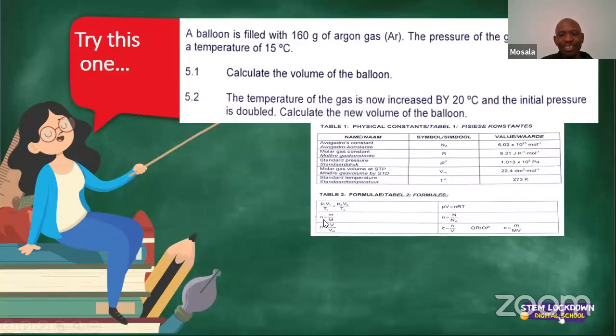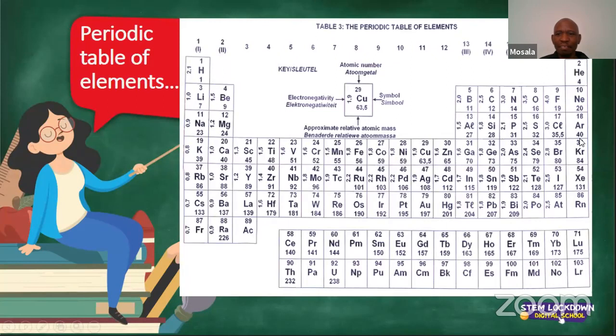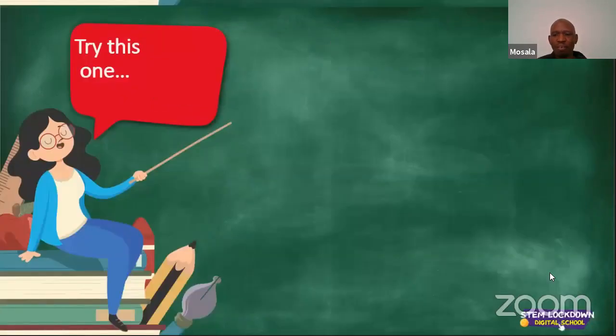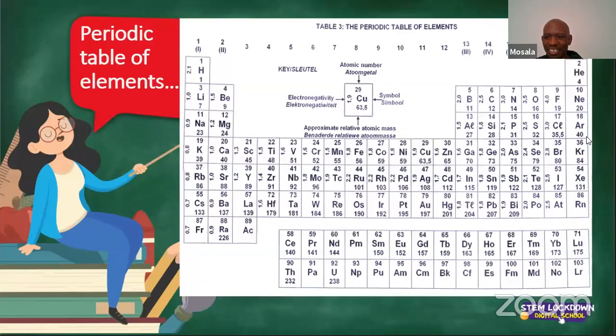So n, which is the number of moles, is mass over molar mass. We are given the mass of argon gas, which is 160 grams, and for the molar mass of argon, let's go back to our periodic table. Argon is this gas here. Argon is 40 grams per mole.